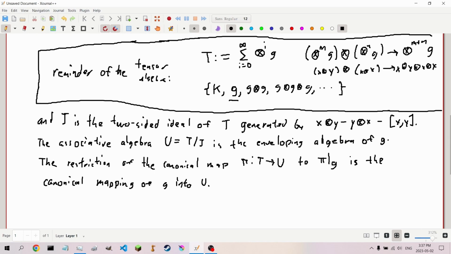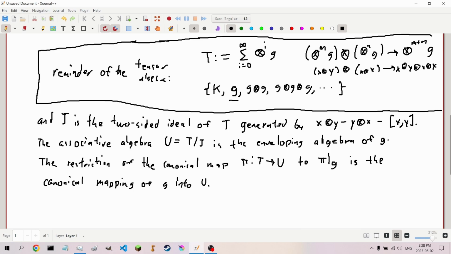And so, to spell out exactly what's going on here, in J, we're dividing by J, so essentially we're dividing by the ideal. We're setting x tensor y minus y tensor x minus the bracket of x and y equal to 0, which is equivalent to saying that we want T except we're setting the bracket of x and y equal to x tensor y minus y tensor x, and whatever other conditions we need to make that happen, and otherwise we're just having this thing be as big as possible.